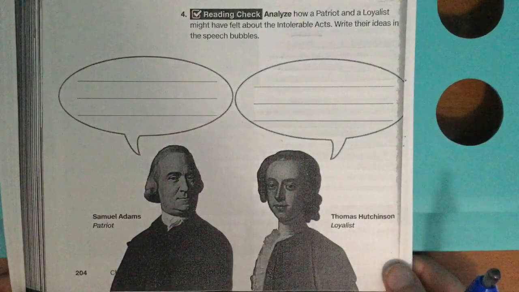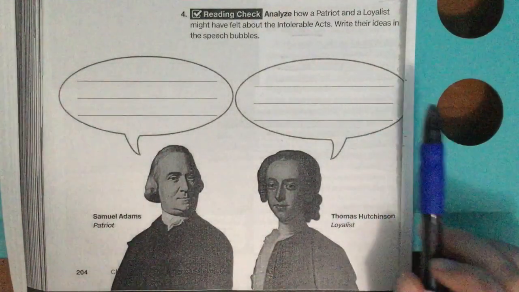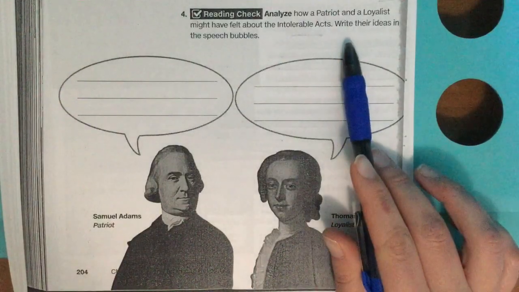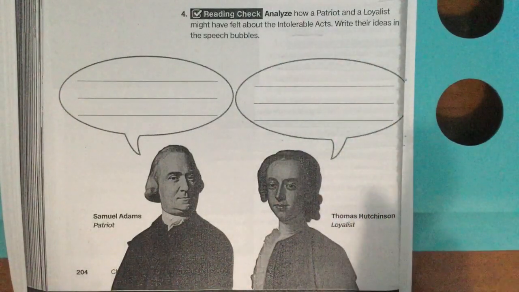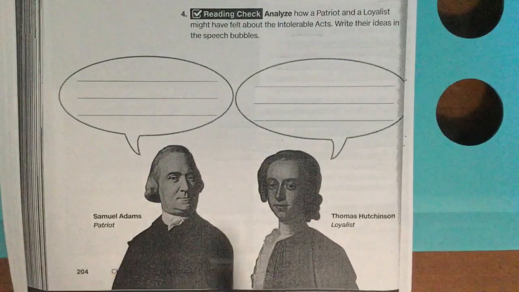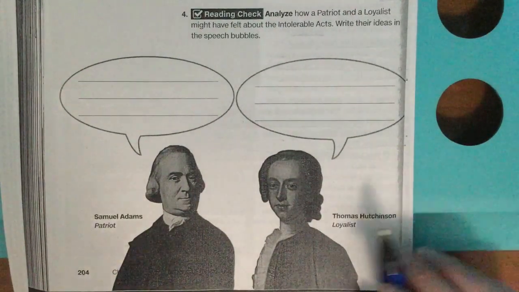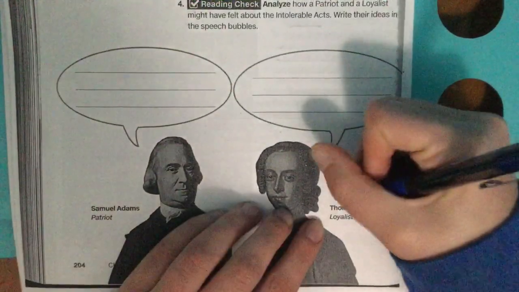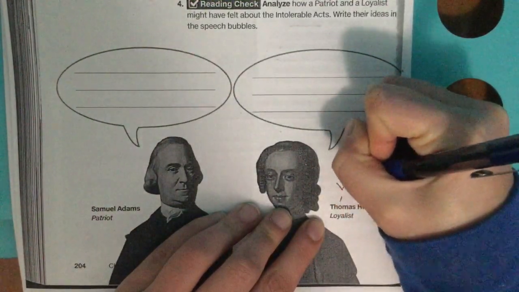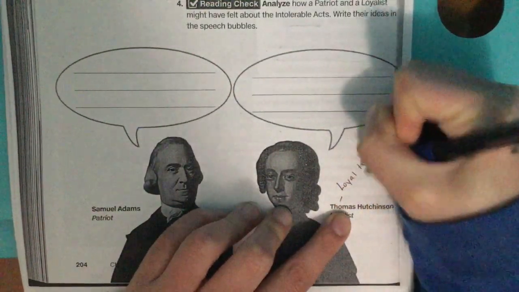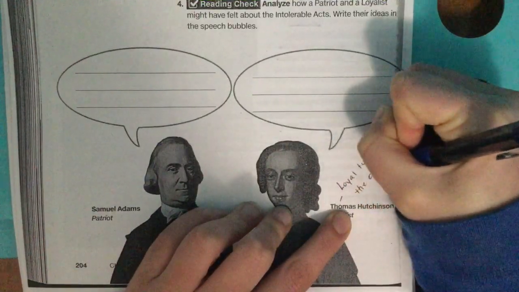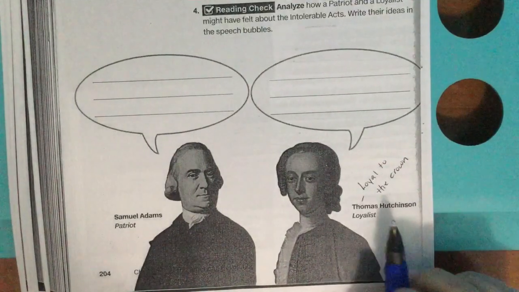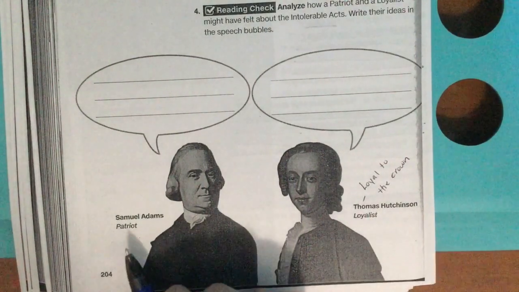So our fourth reading checkpoint says, analyze how a patriot and a loyalist might have felt about the Intolerable Acts. Write their ideas. Okay, so we have Samuel Adams, who was a patriot, and Thomas Hutchinson, who was a loyalist. Loyalists means loyal to the crown, okay? Meaning they agreed with the king. Loyalists agree with the king.